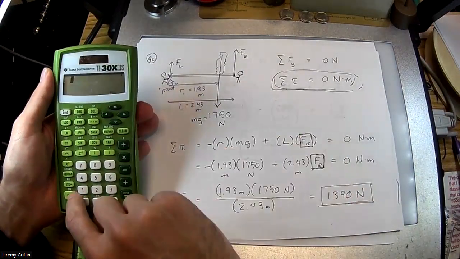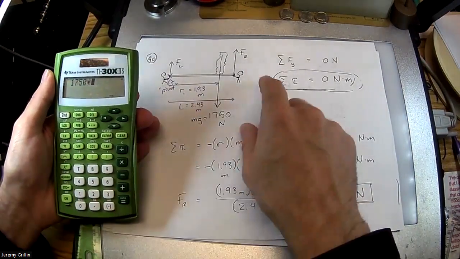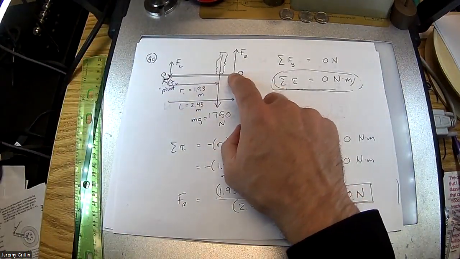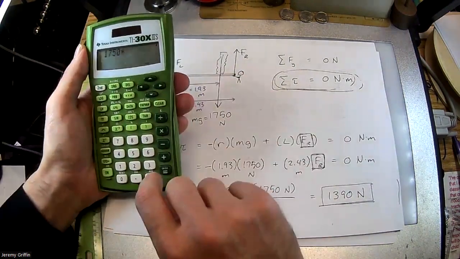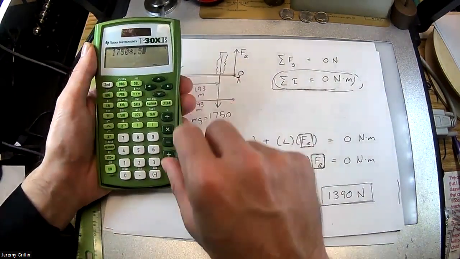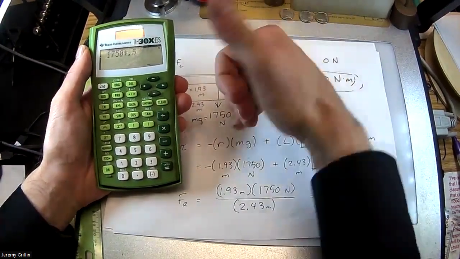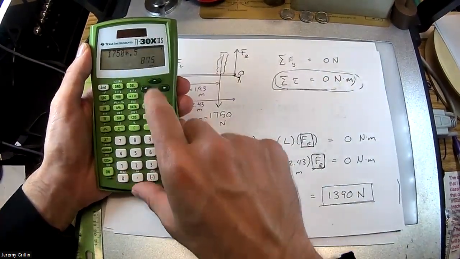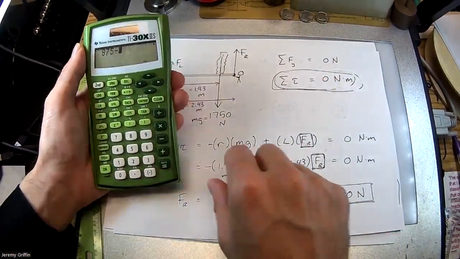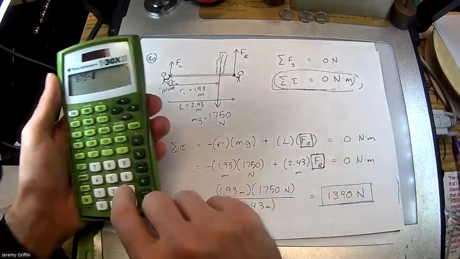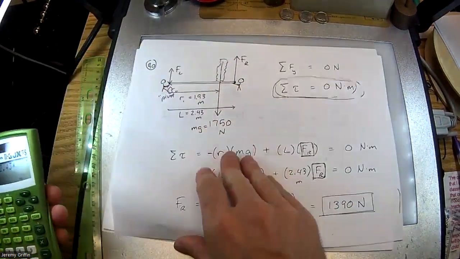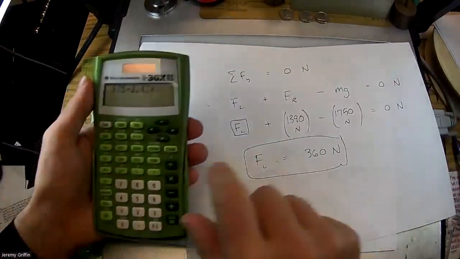So I got 1750 newtons, and this was 0.5 meters, this R cross this F. So let's go counterclockwise. It's like 875 minus, this full thing is 2.43 meters and the left force was about 360 newtons.